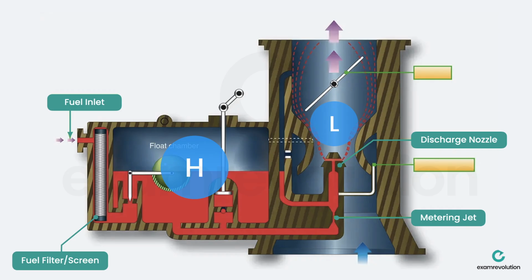And so this difference in pressure causes the fuel to flow from the high pressure area to the low pressure area, and therefore it's pulled through the discharge nozzle, and this is where it's mixed with the outside air going to the engine. The discharge nozzle is a very special nozzle that vaporizes the fuel or atomizes it and mixes it with the air.